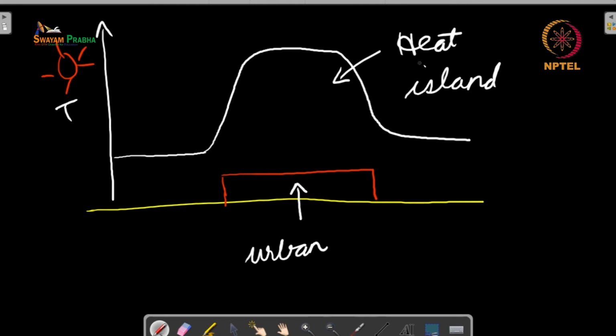Now when we create these urban heat islands, we also disrupt the hydrological cycle. Why? Because in these areas we are creating a situation where a lot of convection will happen because these areas are getting heated up, but because these areas have less amount of water, we are putting dry air upwards.